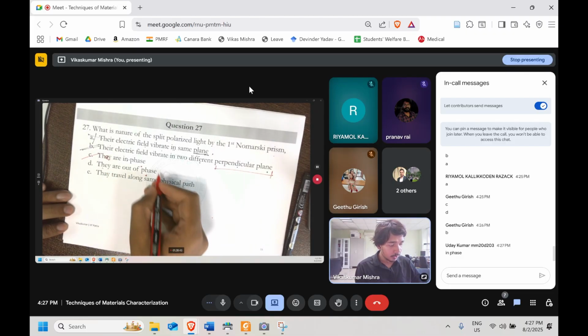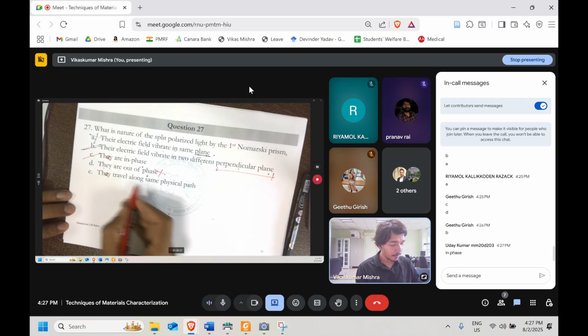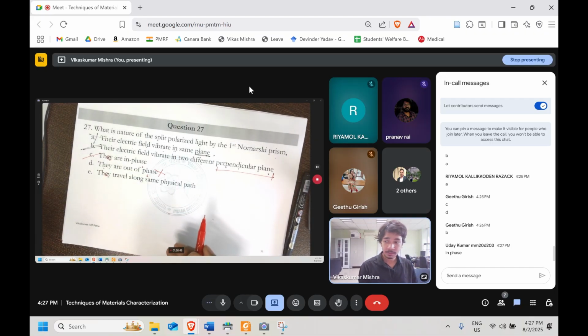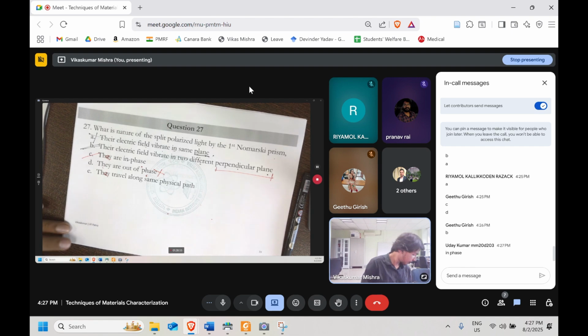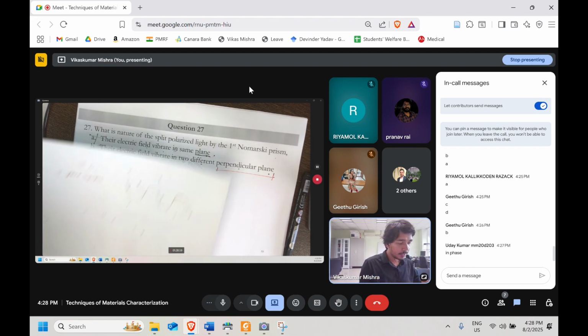They are out of phase? No. Last one: they travel along the same physical path. What do you think? Is it correct or incorrect?